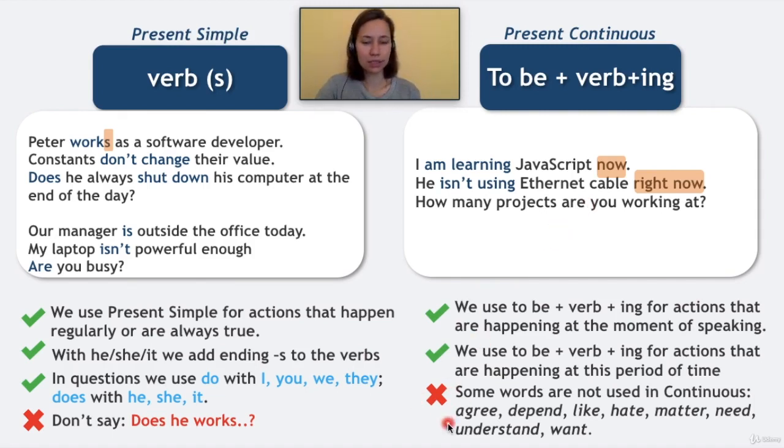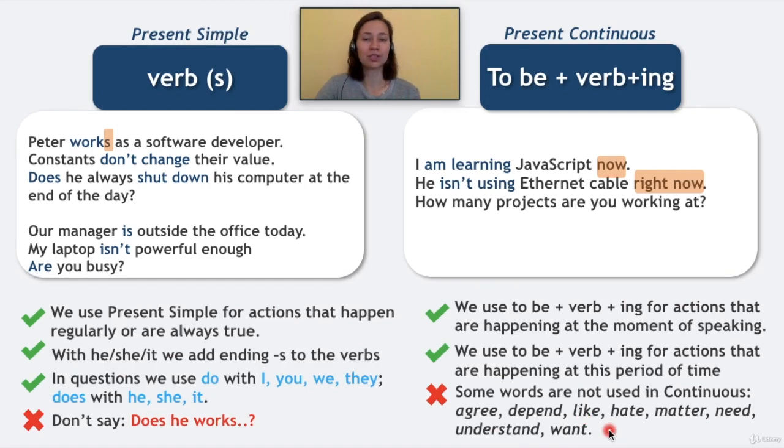And let's look here. This is something that you have to note. Some words are not used in continuous. Yeah, so this is a surprise, but this is true. Some words are not used in the continuous tenses. For example, agree. Yeah, I agree with you. Just that, using present simple, not present continuous. To depend.